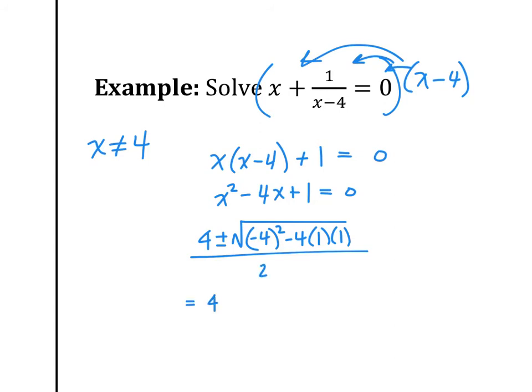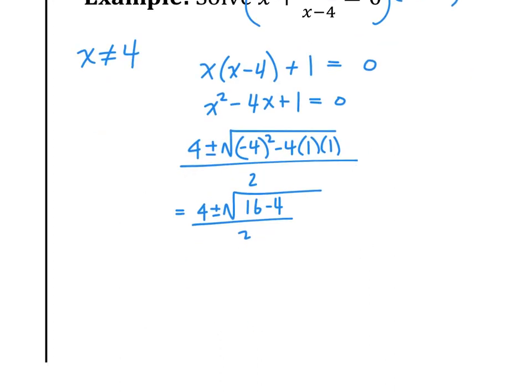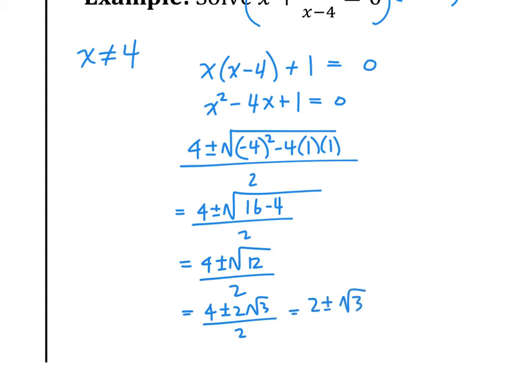So this is 4 plus or minus square root of 16 minus 4 over 2, which is 4 plus or minus square root of 12 over 2, which is 4 plus or minus 2 root 3 over 2, and that is 2 plus or minus square root 3. This one is not equal to 4, so this is the answer.